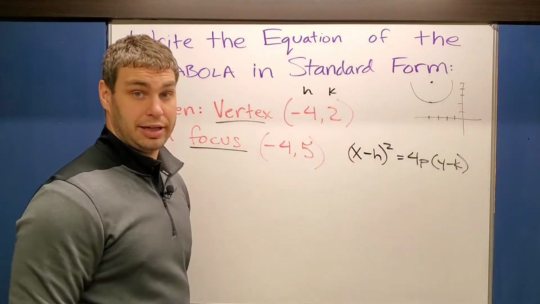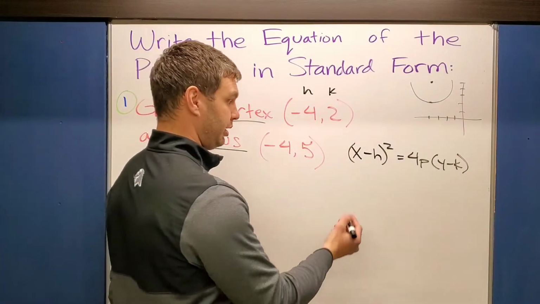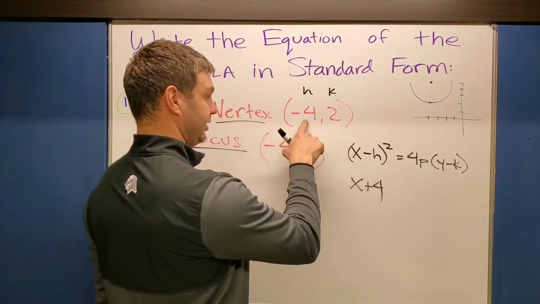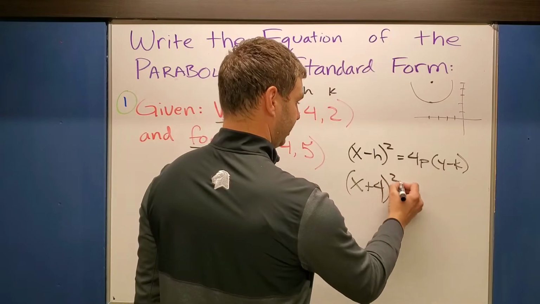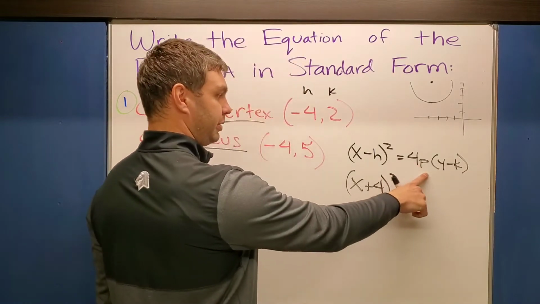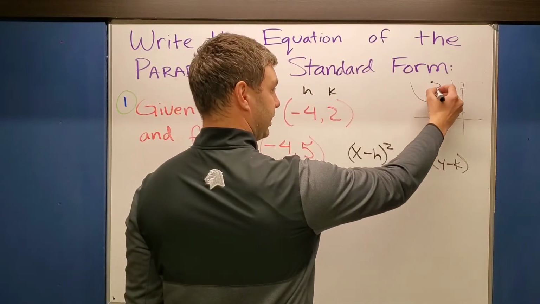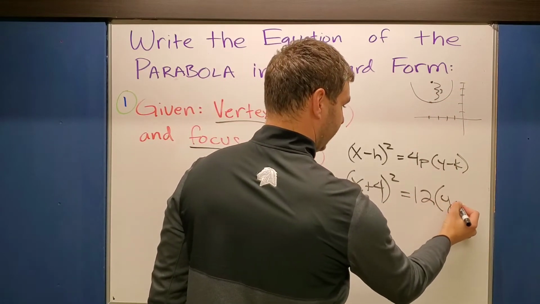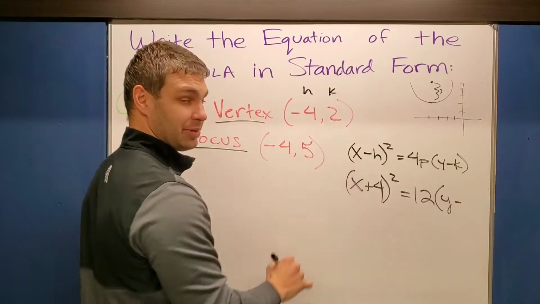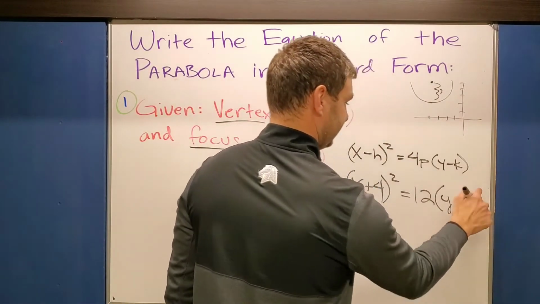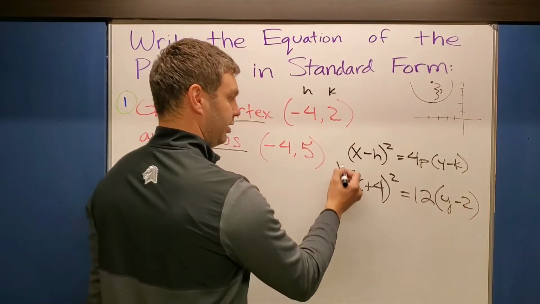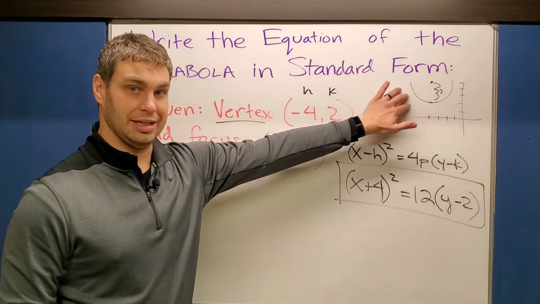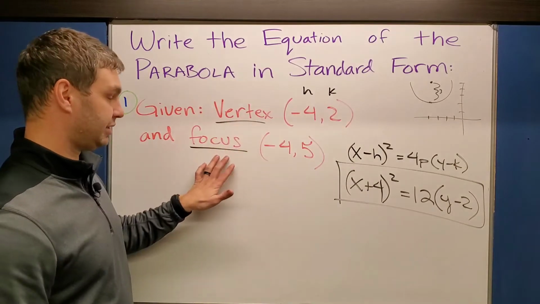The equation in standard form is: x plus 4, quantity squared, equals, instead of 4p, 4 times 3, which is 12, times y minus 2. The y is not squared, only the x's are squared. So this is the equation of this parabola in standard form, given our vertex and our focus.